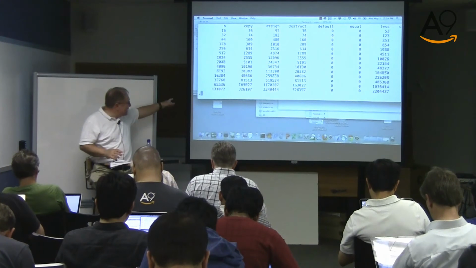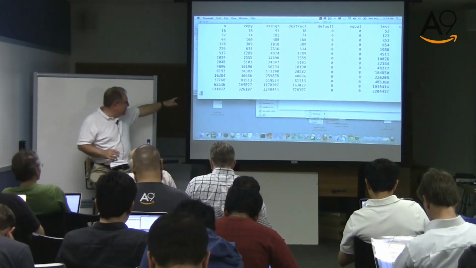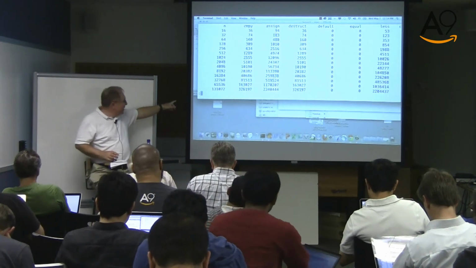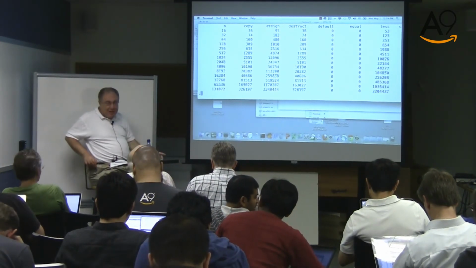If we slide down, let's go to the last line. How much is the difference there? It's 1,000 copies, differences in copies. More like 1,500.